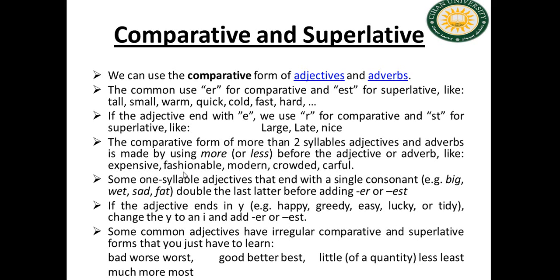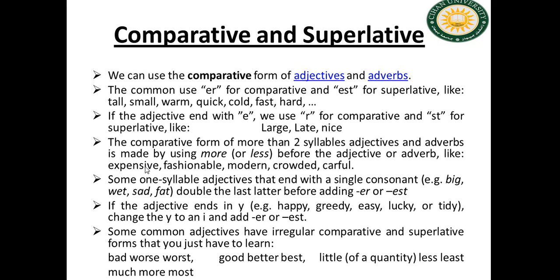When you say it, you feel the word is too long, it has 2 or 3 syllables. Modern. So when I say it, modern, there are 2 syllables in this one. Crowded. This is 2 syllables here. Careful. These are 2 syllables.